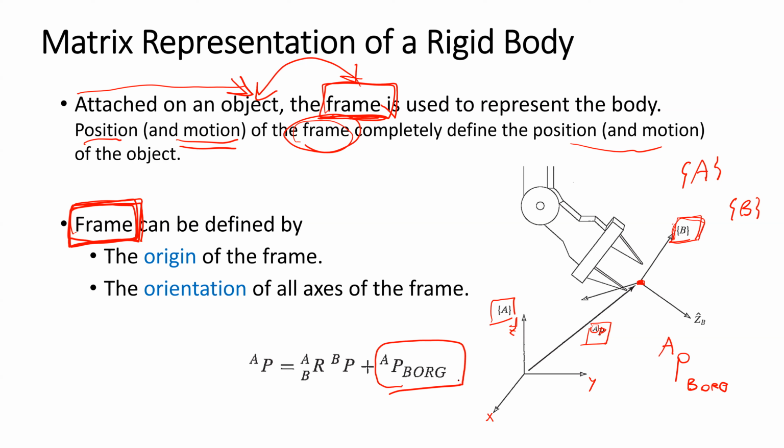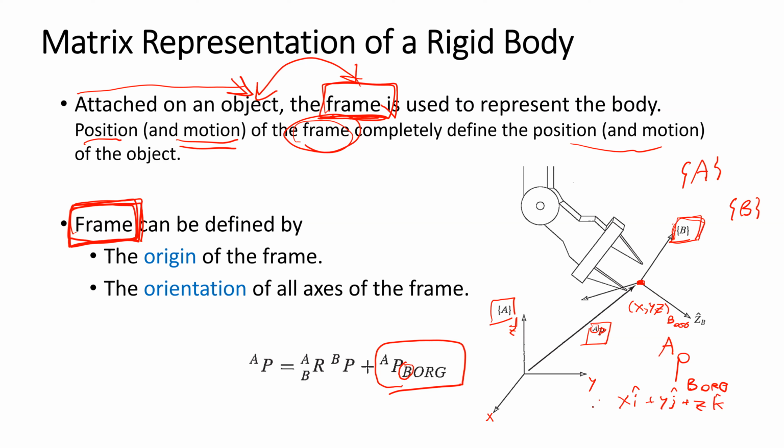The position of the frame B origin with respect to frame A. In this case, we can get the XYZ coordinate of the frame B origin, right? The XYZ coordinate is in xi, yj, zk.